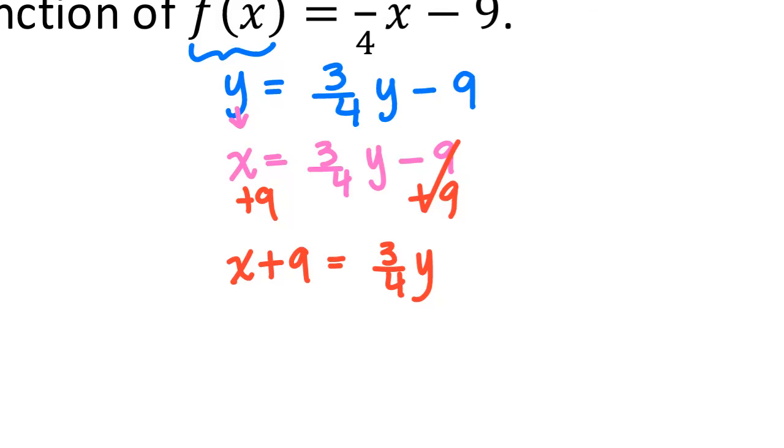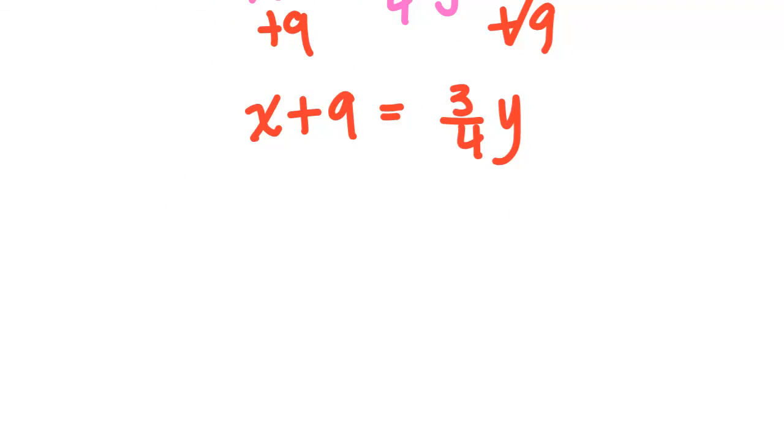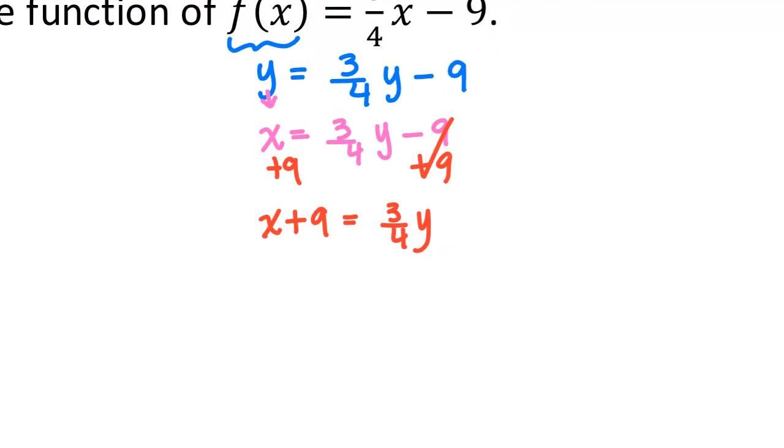All right, so it seems like a lot of you guys are getting stuck on this point here. So what do we do to get rid of the 3/4? What should I do to that? Multiply by the reciprocal, which is the 4/3 to both sides. And then the 3/4 and the 4/3 cancel.